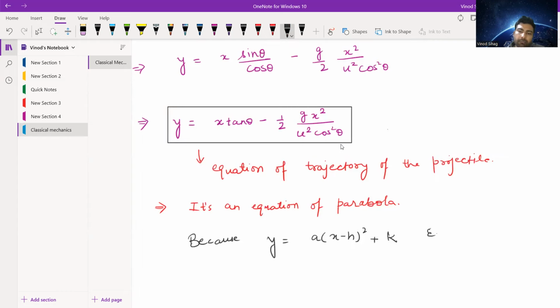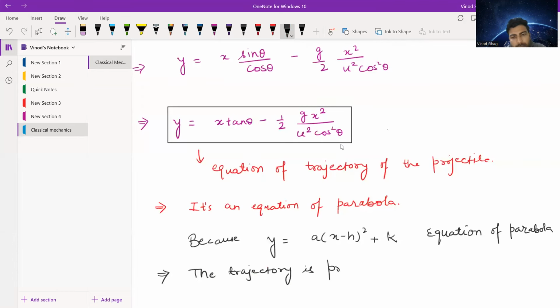So that's why we are saying that the trajectory is parabolic in nature.